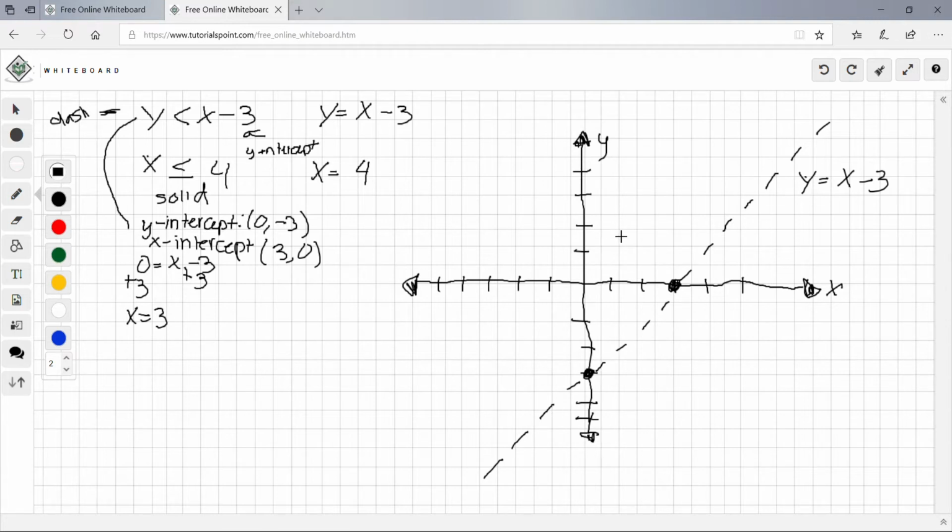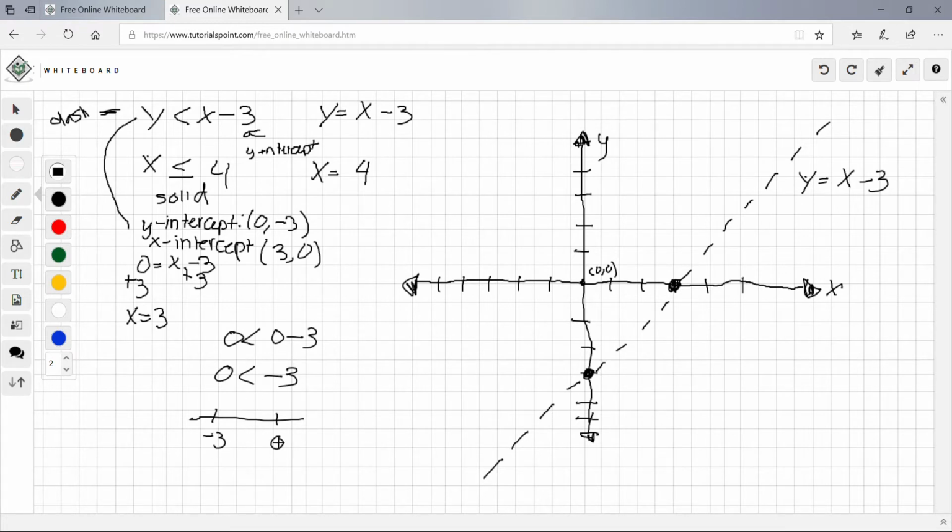Okay, now we got to figure out the shading part. So we can use the point 0, 0, right? So I'll put it right here. So is 0 less than 0 minus 3? Is 0 less than -3? If you're confused, here's -3 and here's 0.